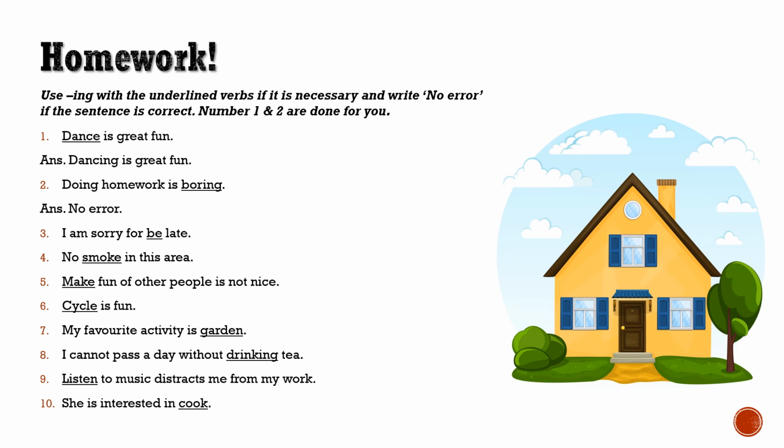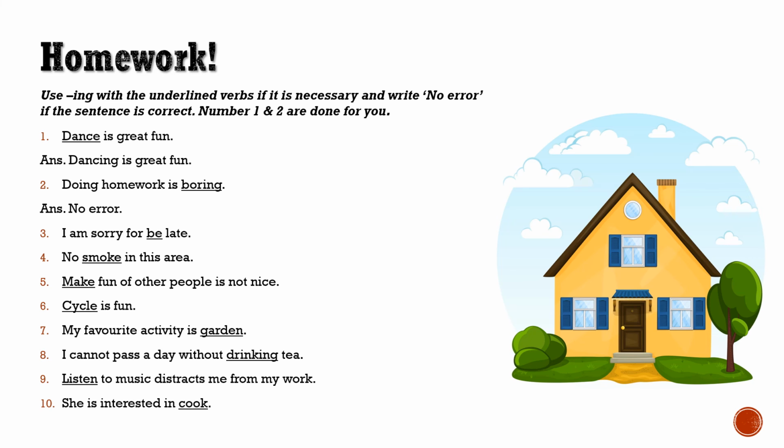Now it's time for your homework. The homework is you have to use ing with the underlined verbs if it is necessary and write no error if the sentence is correct.